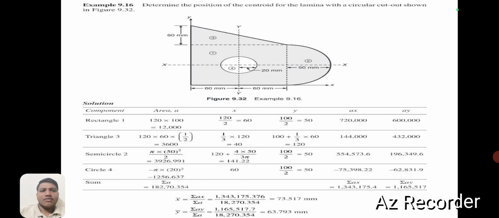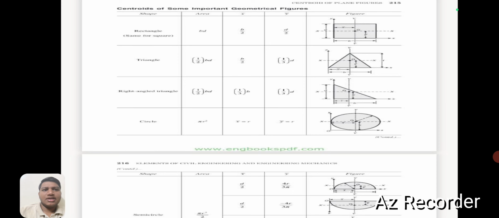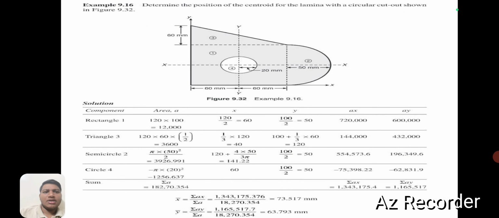So the area first. Let us take the rectangle as component 1. The area of the rectangle is b into d, base into depth. Base is 120 and depth is 100, so the total is 120 into 100, which is 12,000. To find x, it is b divided by 2, base divided by 2.